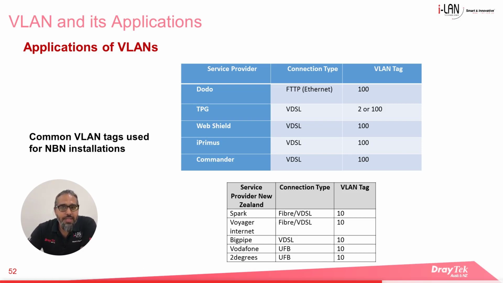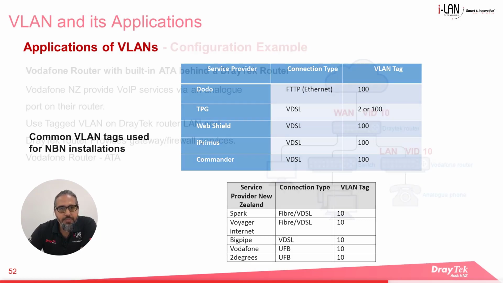When connecting a DRATEC router to the NBN via one of these service providers, you'll need to enable the VLAN tag. Otherwise, data connection will not be available. Most ISPs in Australia use a VLAN tag of 100 or 2, but there are a few exceptions. The table you see at the bottom shows service providers in New Zealand who use a VLAN tag of 10.